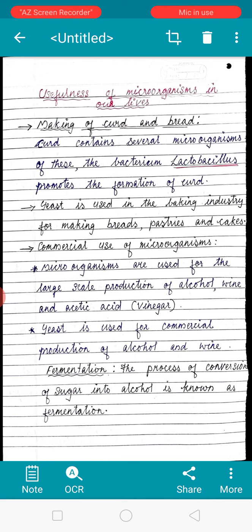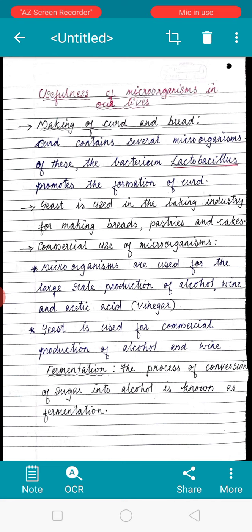Do you know how this yeast promotes the fermentation process? Yeast reproduces rapidly and produces carbon dioxide during respiration. The bubbles of gas fill the dough and increase its volume. This is the basis of the use of yeast in the baking industry for making breads, pastries and cakes.